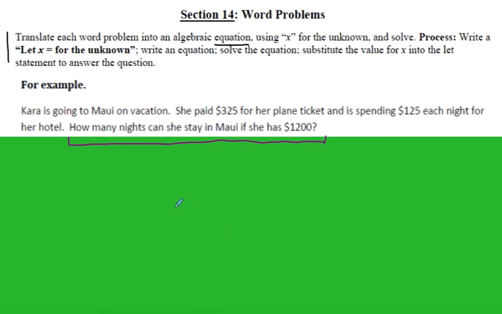I always look at the question because that's the variable, that's the unknown, that's what we're trying to find. So we're going to let x equal the number of nights that Kara can stay in Maui.